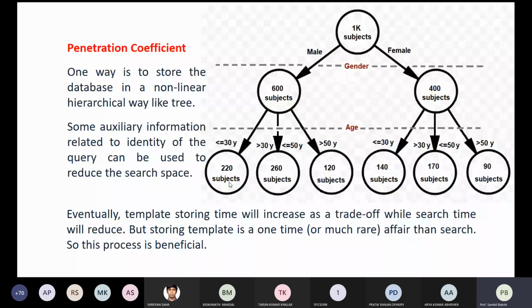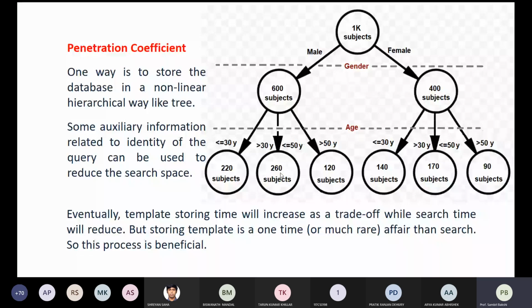After coming here, you will have a linear list of 220, and you are bound to go through all 220 data, because they are all children of the same parent. If the person says that my age is between 30 and 50, I will store his data here. For example, there might be 260 data here, 120 data here.